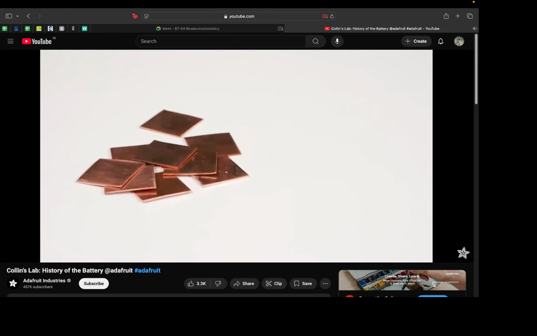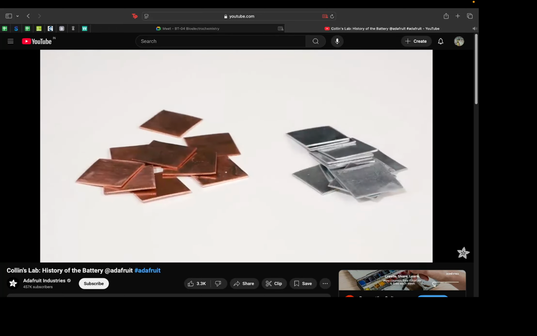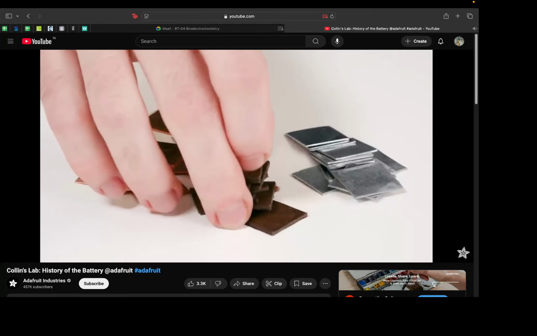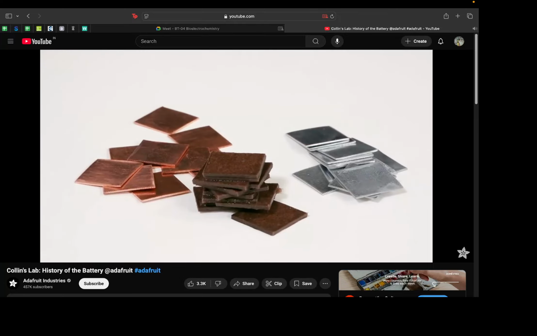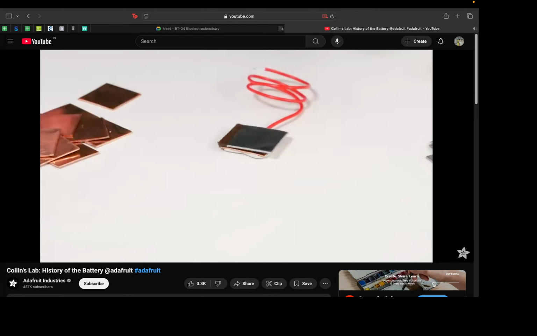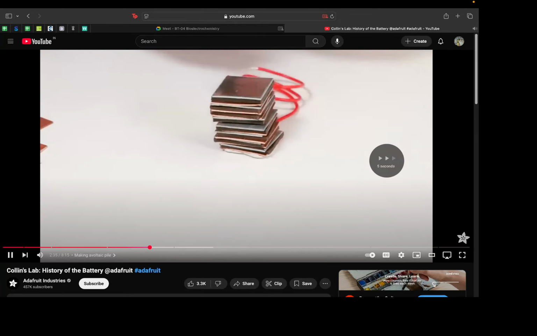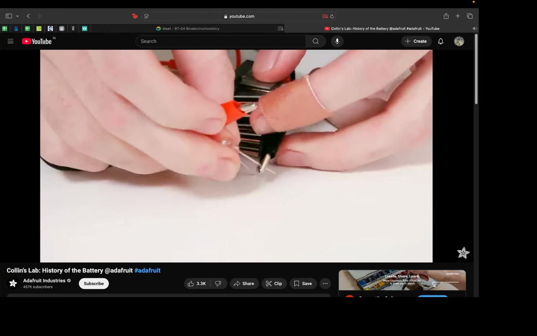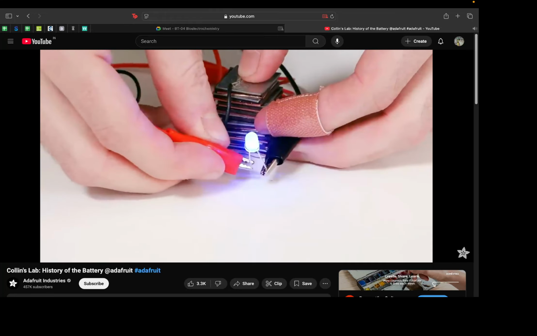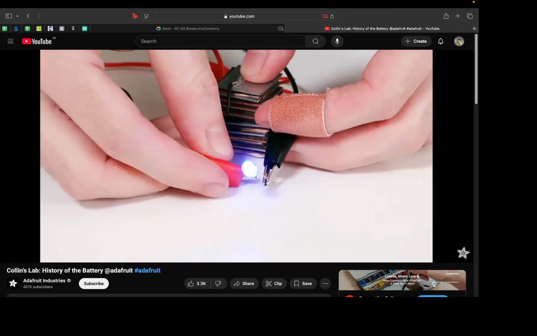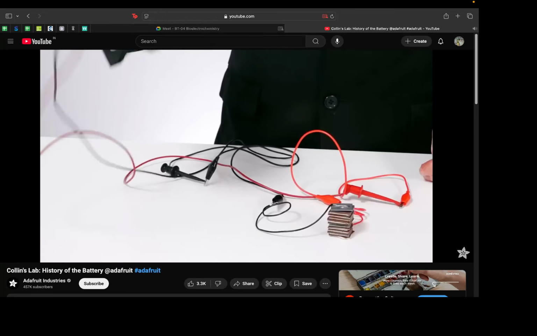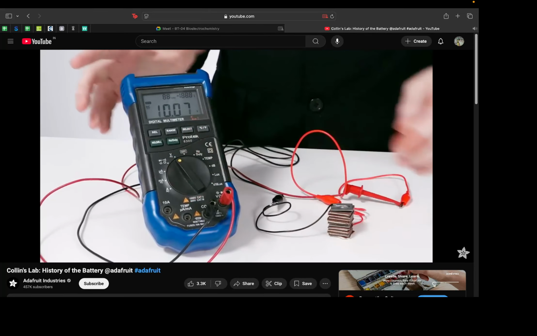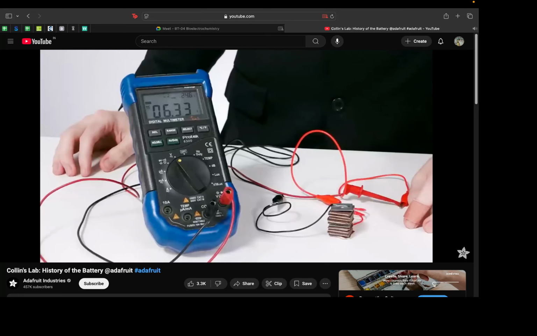Now I'll build a bunch of cells together as a voltaic pile, using these cardboard squares, which have already been soaked in the salt water. Not sturdy by any means, but this leaning tower of Volta produces enough power to light a 5mm blue LED. And for the record, that is 9 cells in the pile, producing 6.33 volts.